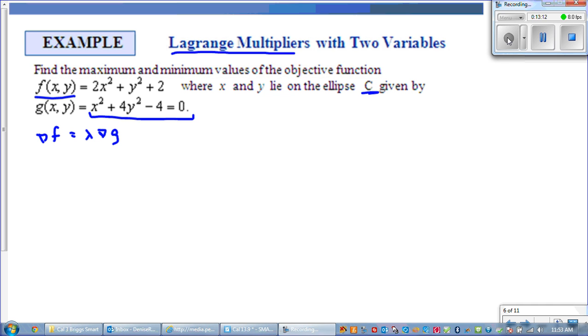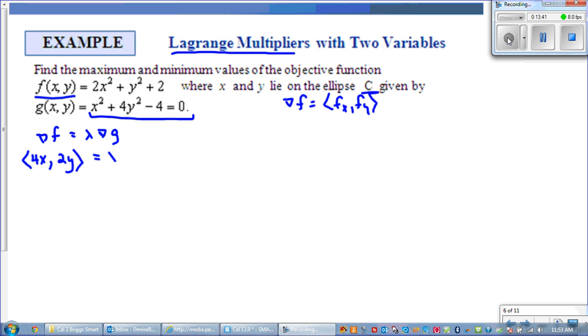Now remember, the gradient is a vector, and if we have two variables, x and y, it's going to have two components. So let's find the gradient of f. Remember, the gradient of f is equal to the vector that has the two partial derivatives in the components. So the gradient of f will be 4x, partial with respect to x, comma, 2y, partial with respect to y.